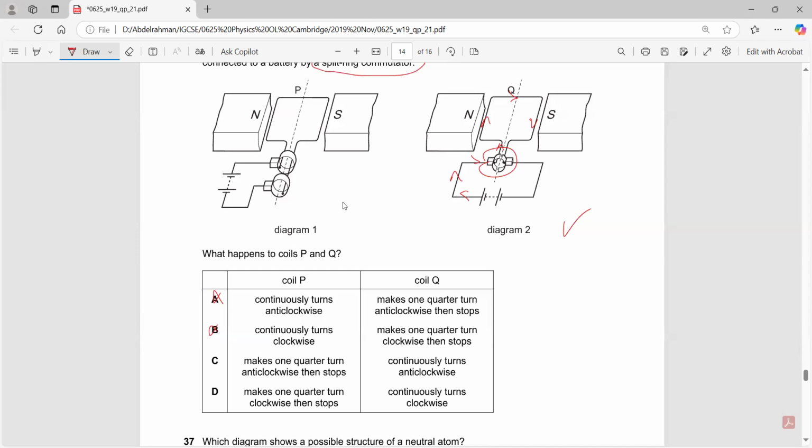The current in the right hand part is moving out of the page. So on this side of the coil, it would move upwards. Therefore, the other side of the coil will move downwards. This is an anti-clockwise rotation. So it is C.